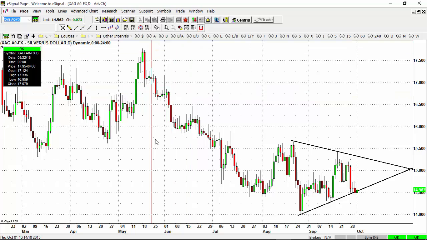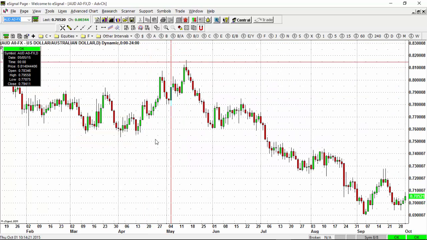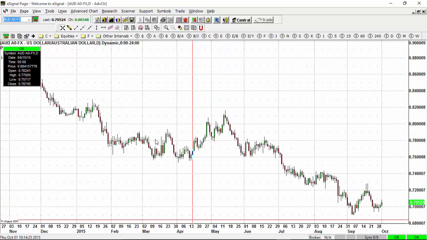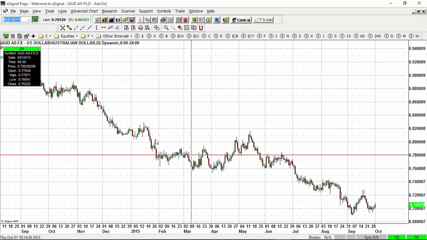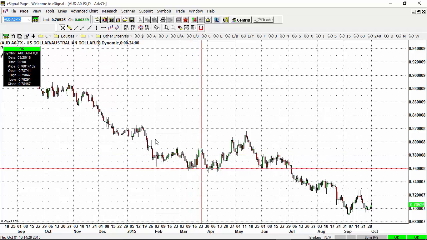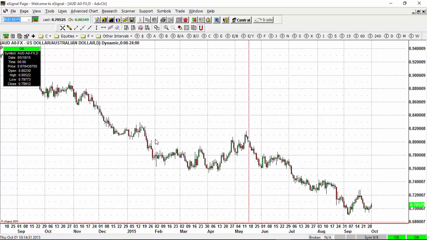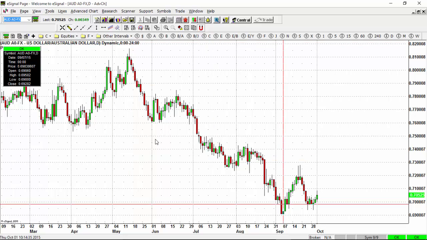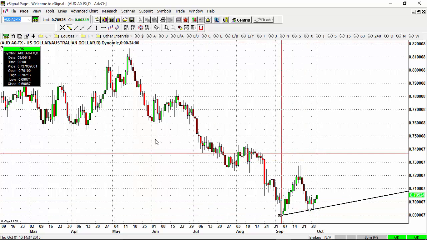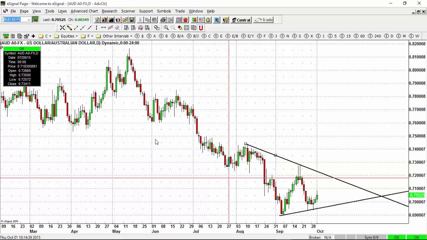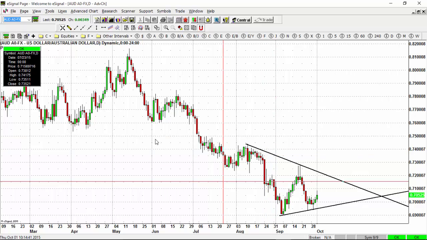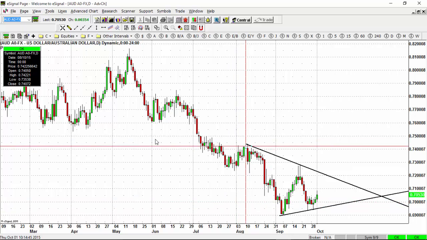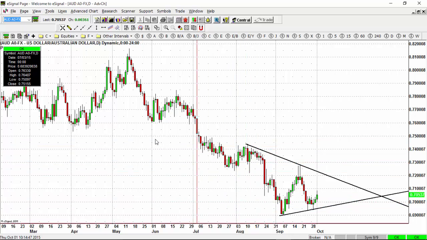Taking a look at the currencies, we see the Australian dollar is also in a downtrend, and we see a consolidation pattern similar to what's happening in the gold and silver markets. Support is at the 69-cent level, and resistance is up at 73 cents.